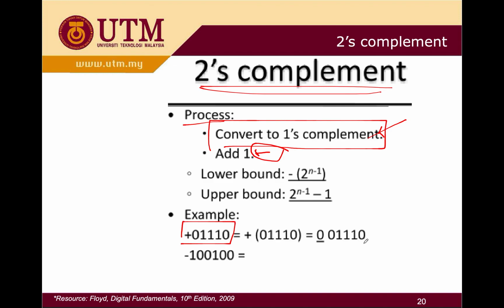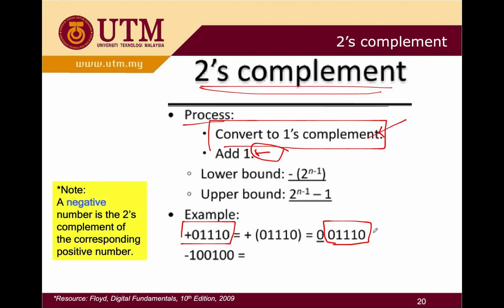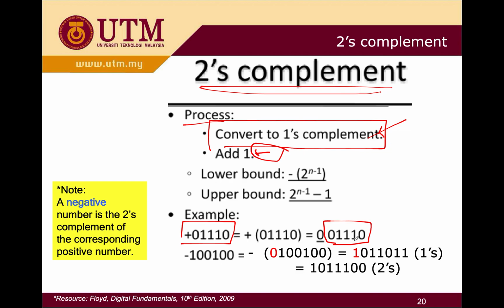Similar to here, you get the answer similar to the previous example, and the second step you need to add 1. This is the example from the positive side. You get the result over here.